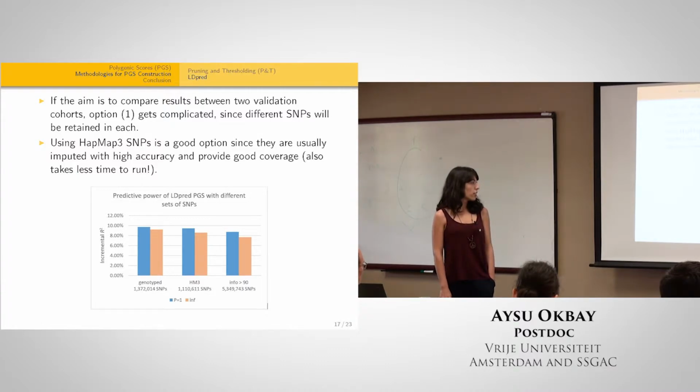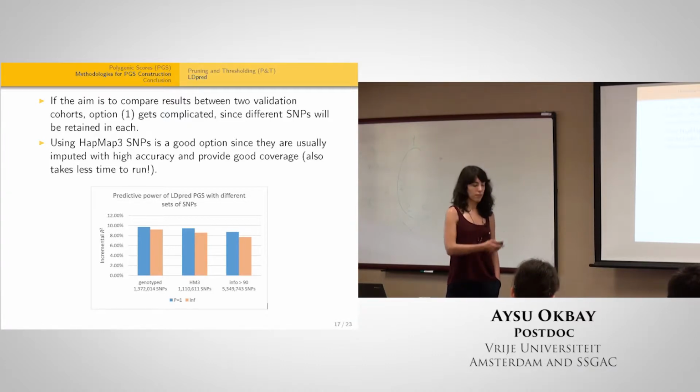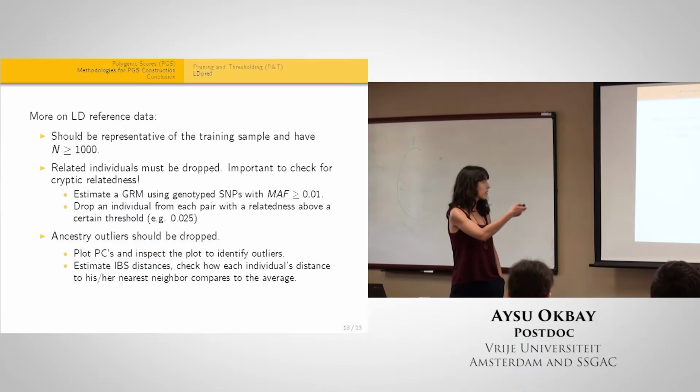Genotype SNPs does much better here because, again, it's HRS and it has 2 million genotyped SNPs. But HapMap 3 with 1 million SNPs also does nearly equally well. And the blue bars, I'm going to get to that later.